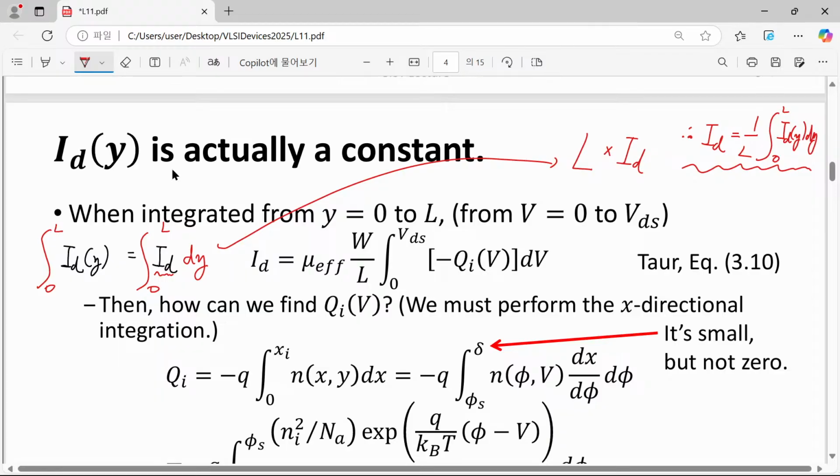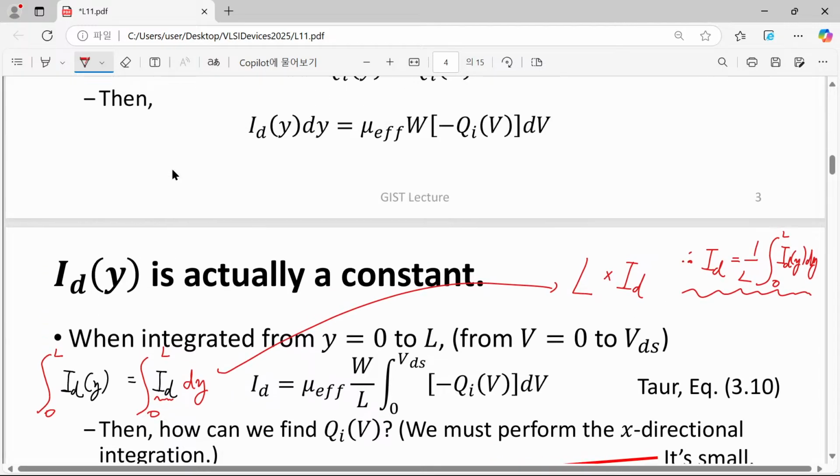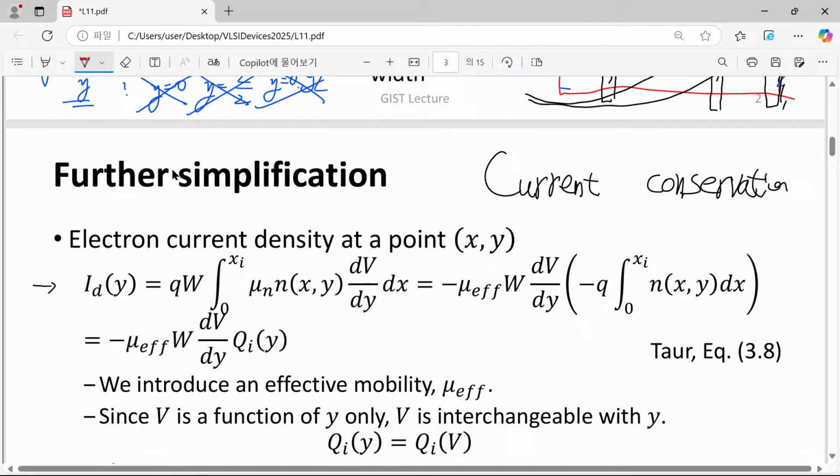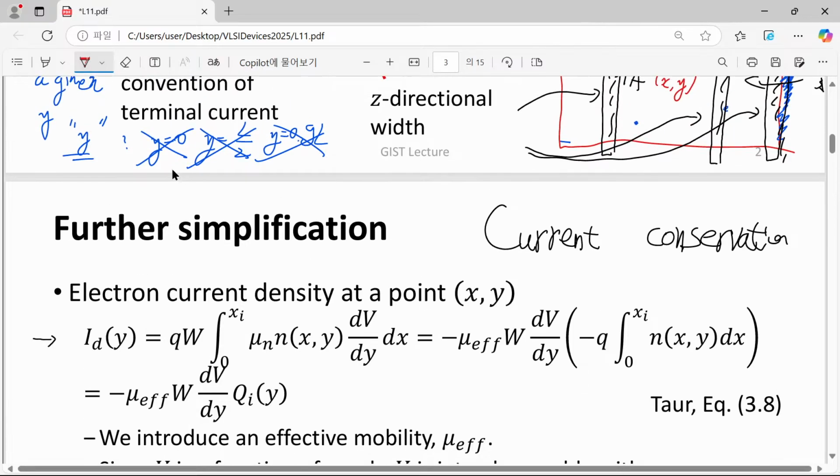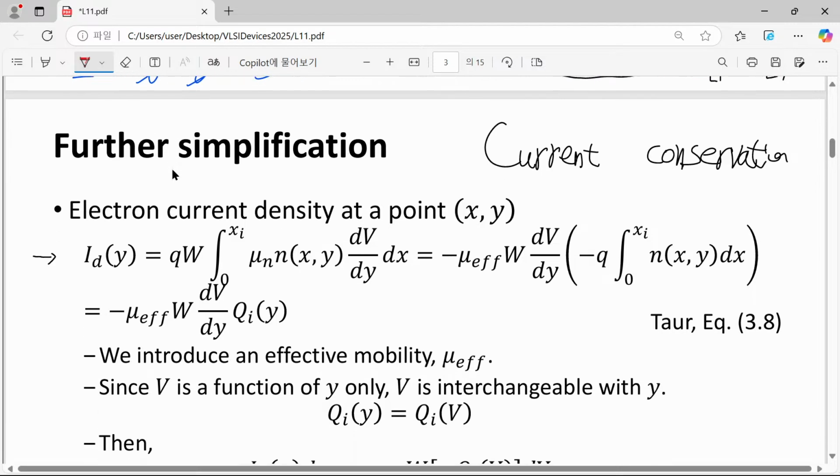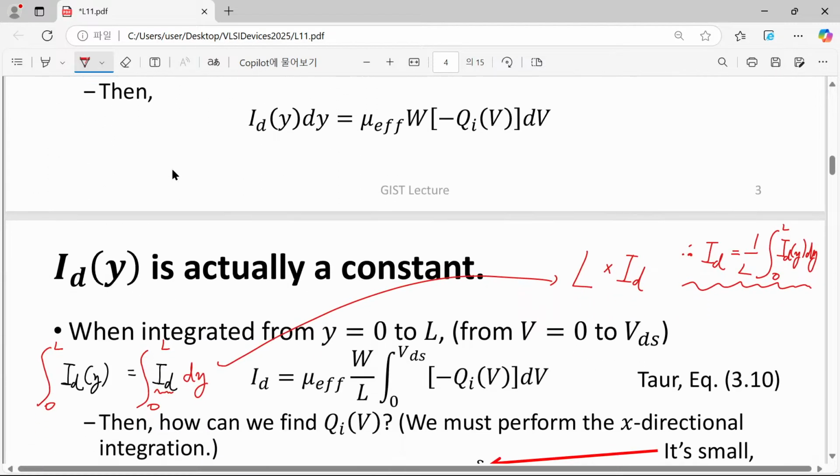So please try to understand the main message of my today's lecture. Terminal current. The quantity of our interest is once again terminal current. But terminal current is unfortunately all coupled with internal physics. Therefore we must know everything inside our system, and that can be done by this calculation.